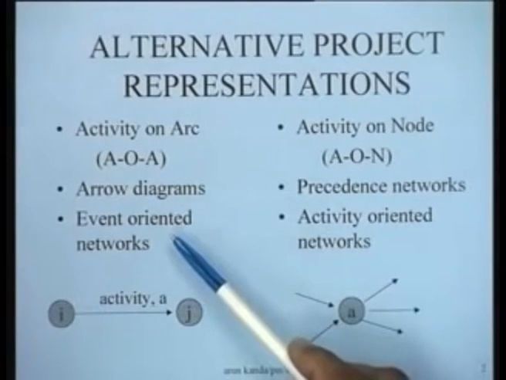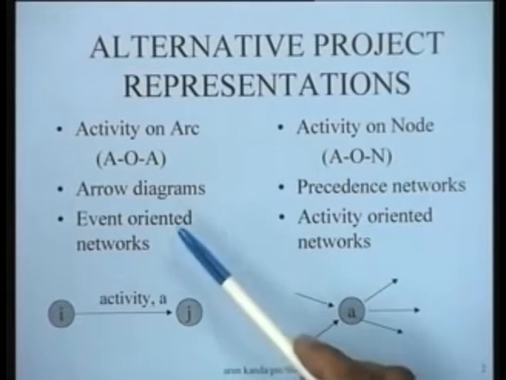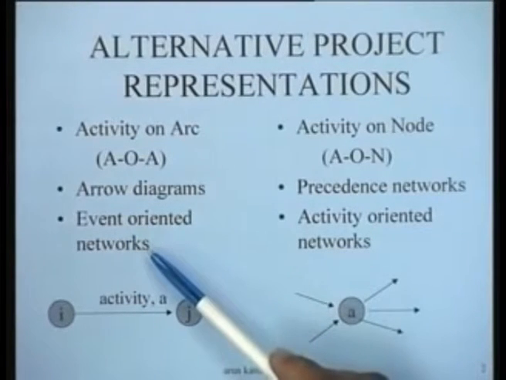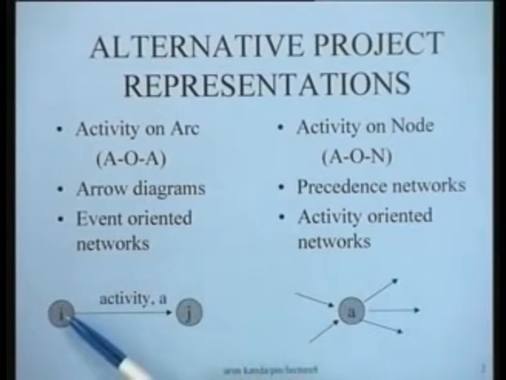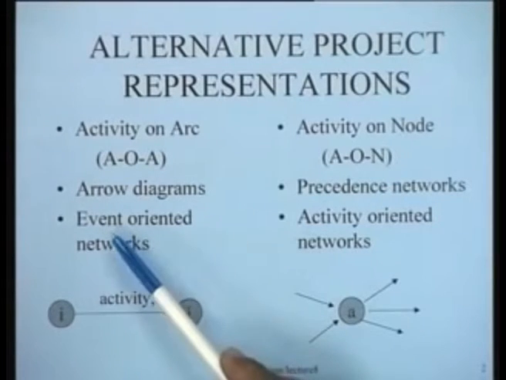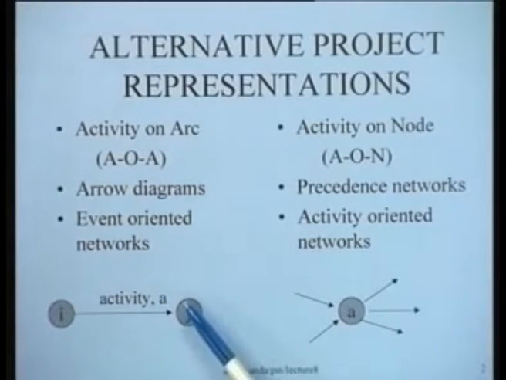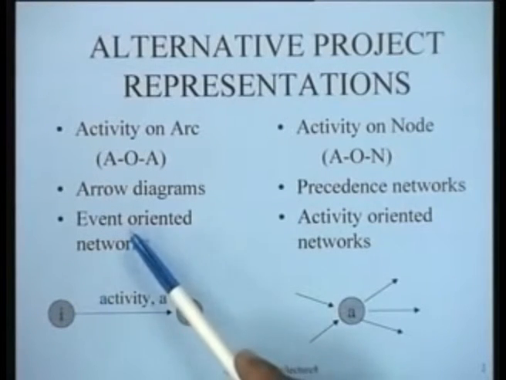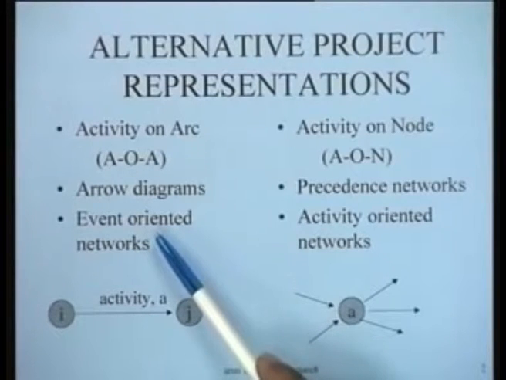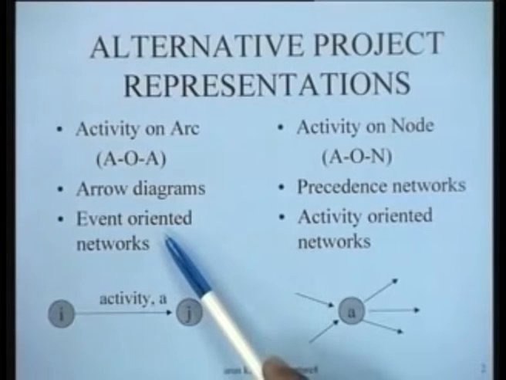In this AOA representation, each activity is represented on the arrow, and the starting node and the end node of each activity is given the interpretation of an event. So it is a point of occurrence in time, and therefore these algorithms on AOA networks are often referred to as event oriented algorithms.